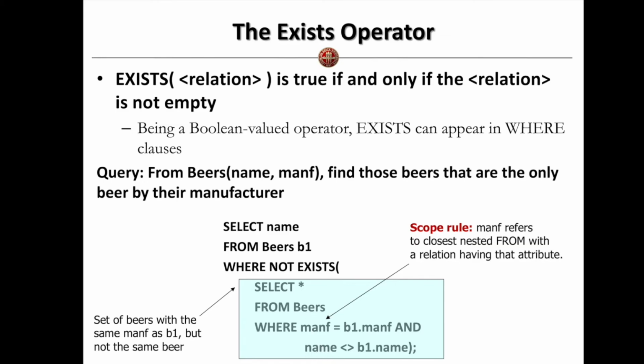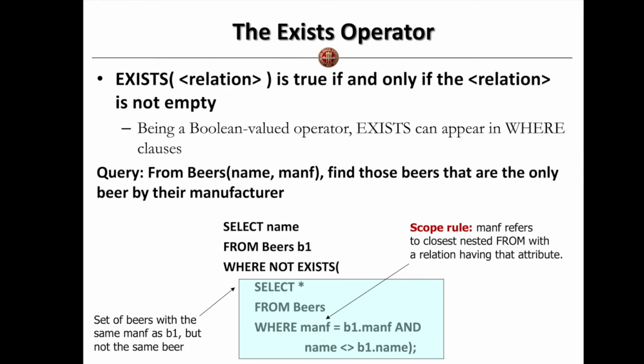So this subquery will return what? We return the beers with the same manufacturer as B1, but they have different names, right? If this subquery is not empty, in other words, given a beer B1, we can always find a beer with a different name produced by the same manufacturer.